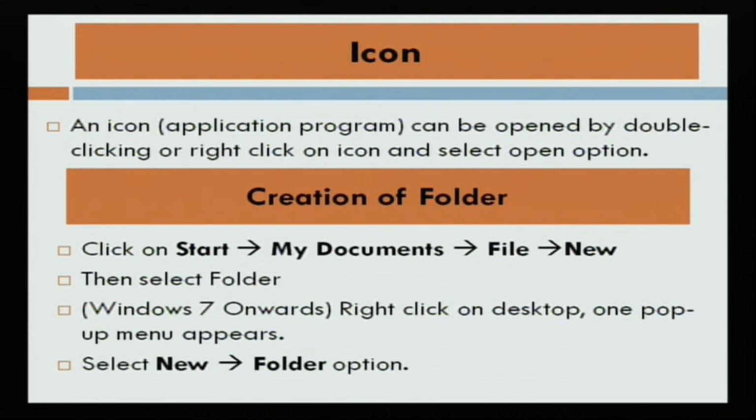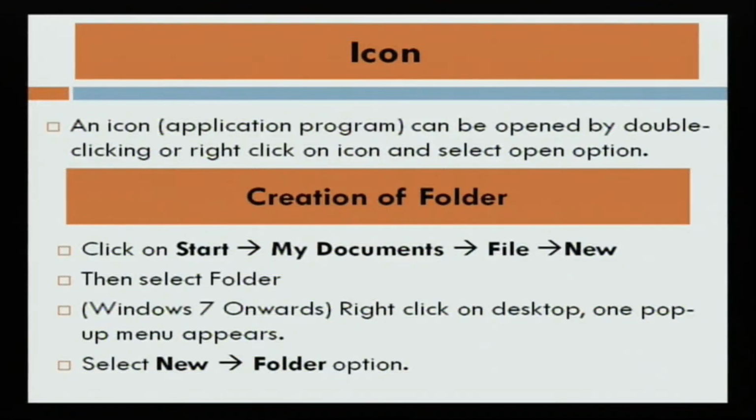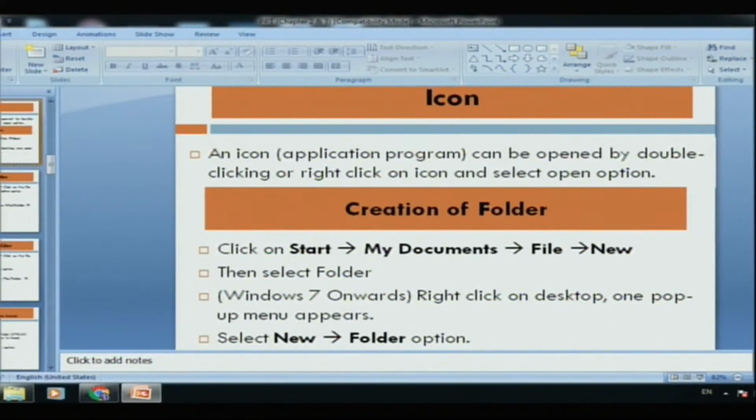Afterwards, you have to select File, then New, then we can select Folder. Using these steps, we are able to create a folder. If you are using Windows 7 or higher, then we have to click on the desktop. A pop-up menu will appear, then we can create a folder. Let us see how we are going to create this folder. Let us minimize this.